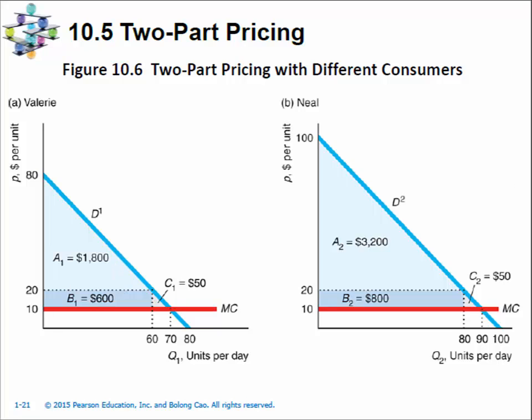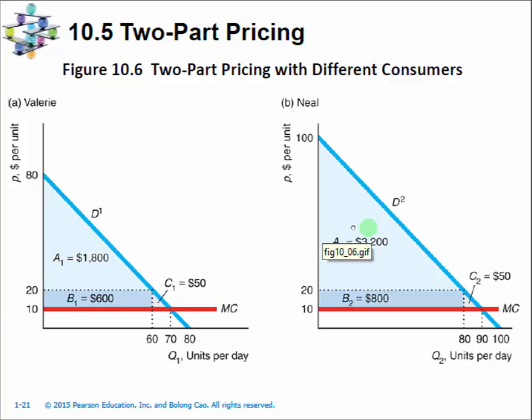So in this example, we see that when you have different consumers, they have different demand curves, it can be beneficial to increase your per unit price and reduce the access fee so that we can increase the producer surplus.